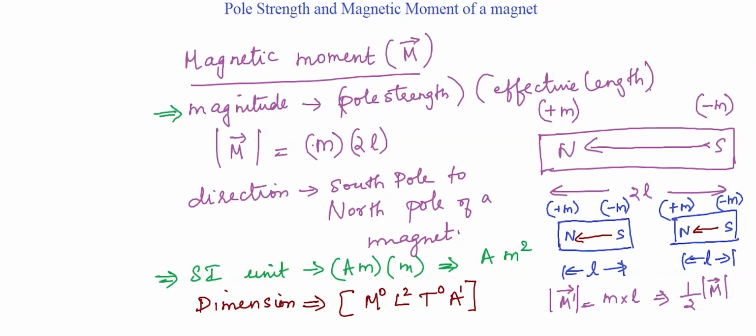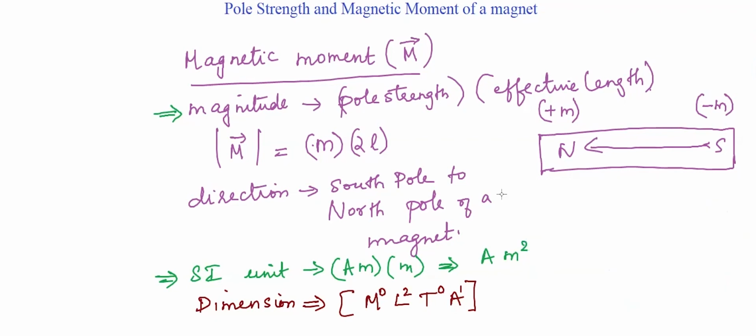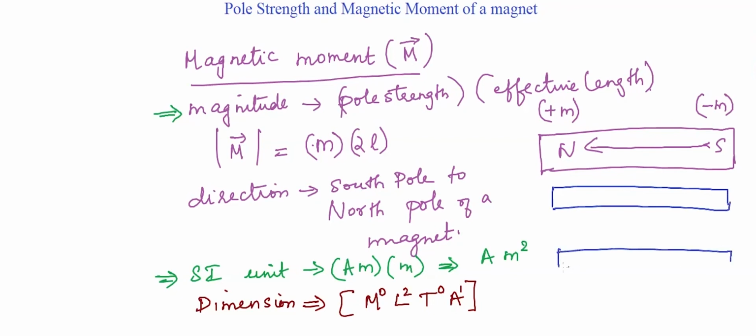So let us see what will happen if we cut the original magnet lengthwise. In that case, each of the new magnets will have a length of 2L, because we are cutting it lengthwise.